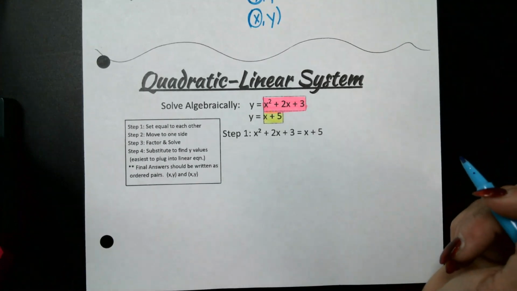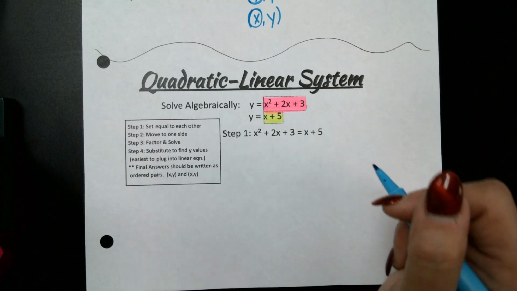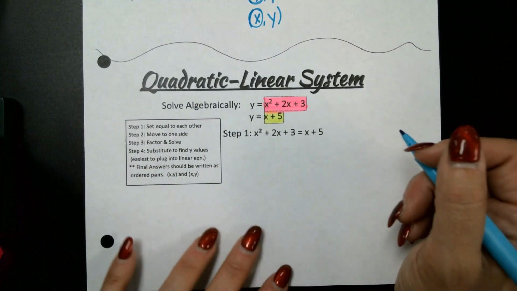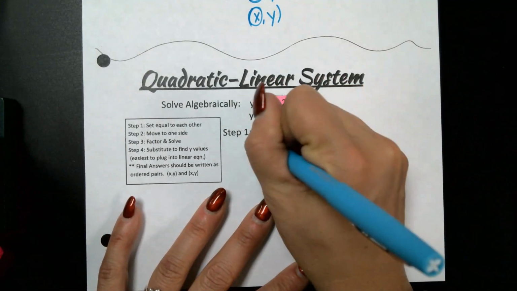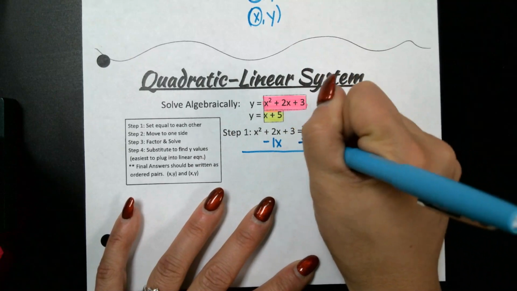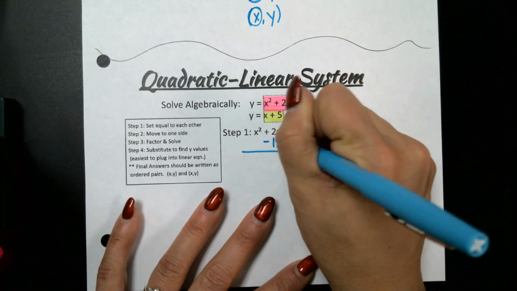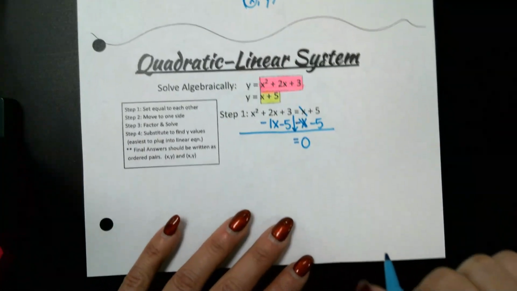Yeah, so our goal is to get it set equal to 0, then we can do the asterisk. Okay, but we can't do the asterisk until it's set equal to 0. So I'm going to subtract a 1x, and I'm going to subtract a 5. So make sure you guys are doing this so you have notes to follow later.